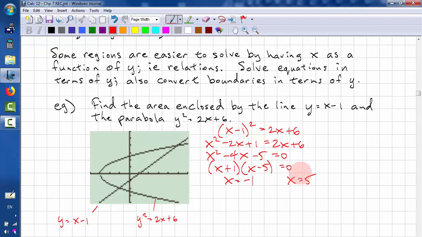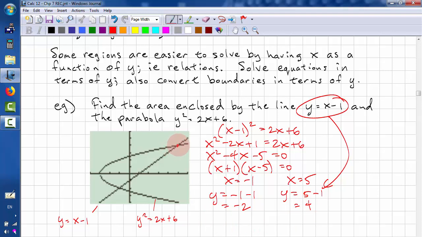We substitute this into our easier equation, which is this. So we have y equals negative 1 minus 1, so that equals negative 2. y equals 5 minus 1, so that equals 4.